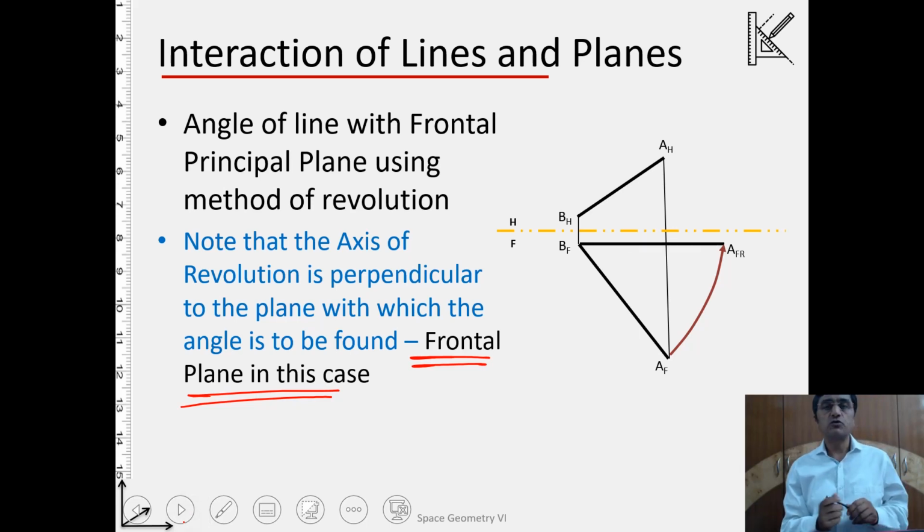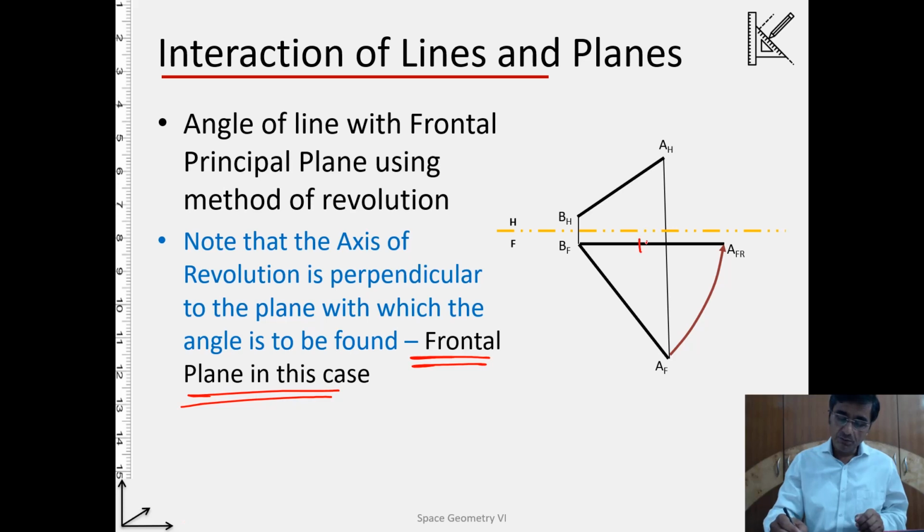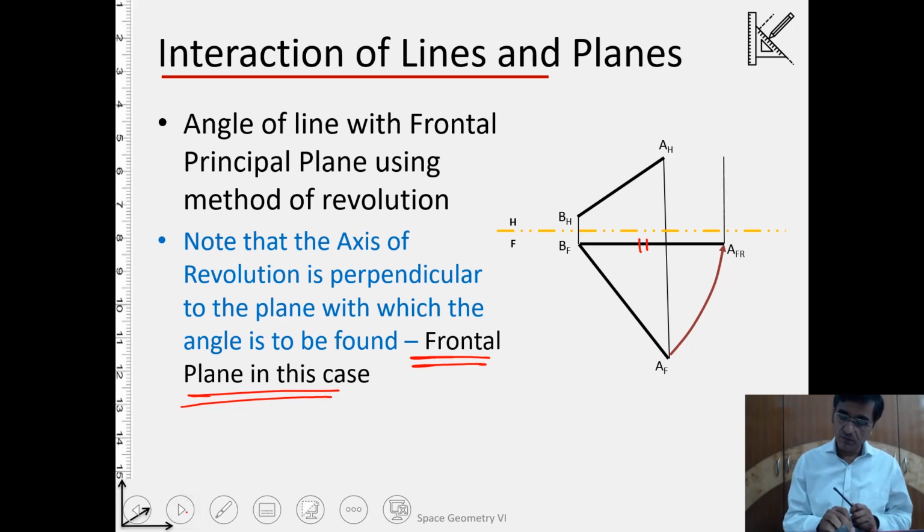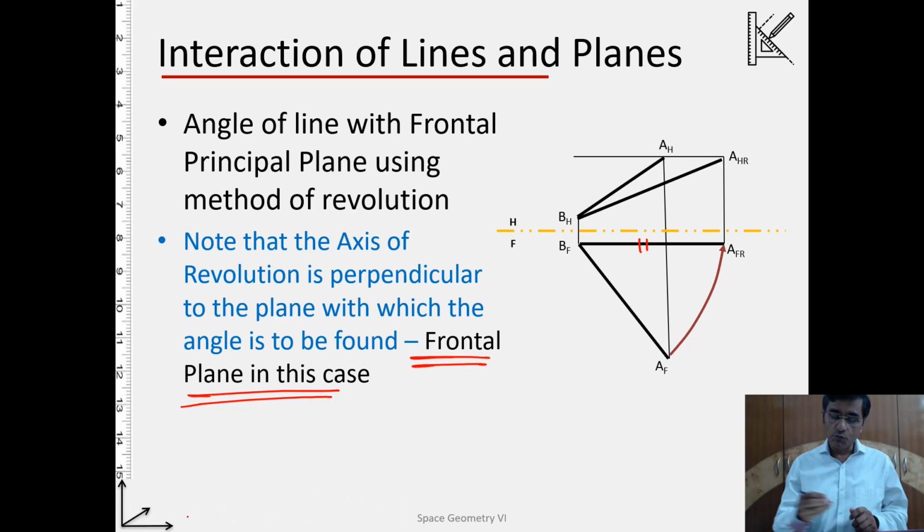If it is parallel to the horizontal plane, that is how my projection of the line on the frontal plane will be. We extend it and take it to the horizontal by means of the projectors. We have done it before, and that is how we will be able to determine the point A_H R. So B_H A_H R is the true length.